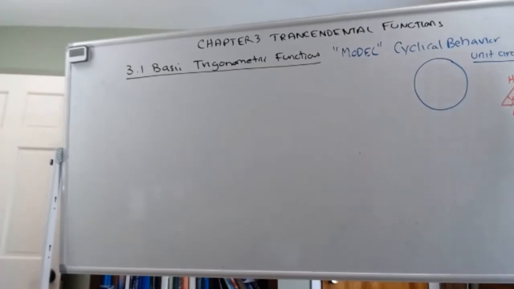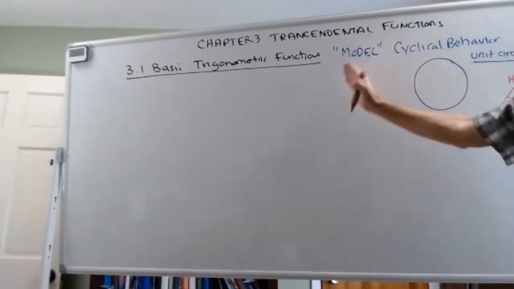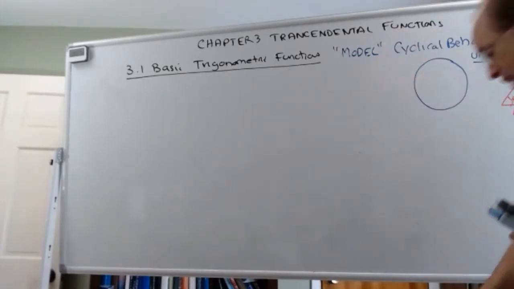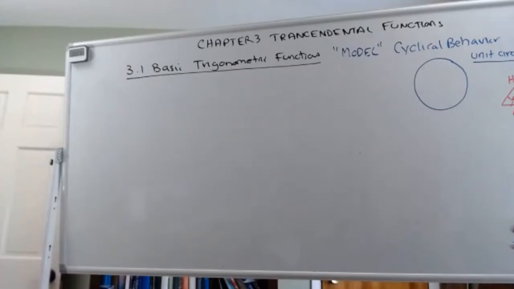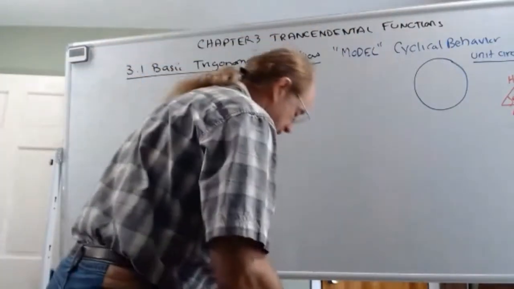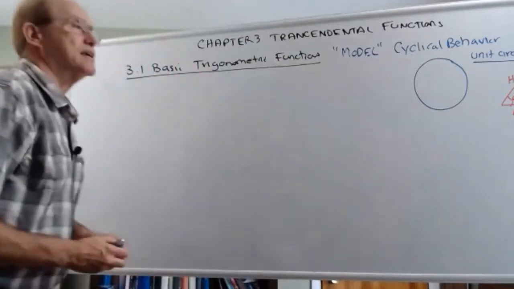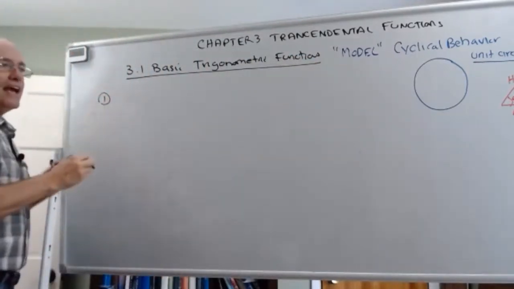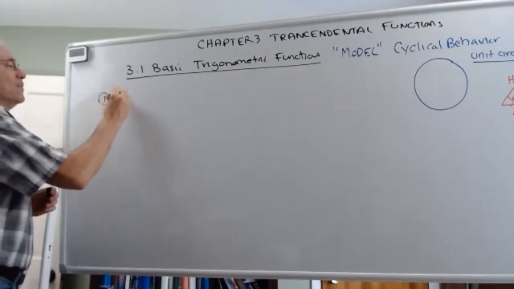But try not to always think in this way. Try and think in this new way to give you a different perspective on where they come from and how they develop. Okay, before we jump into defining these functions, we need some basic concepts. The first concept we're going to look at is how do I measure something called an angle?